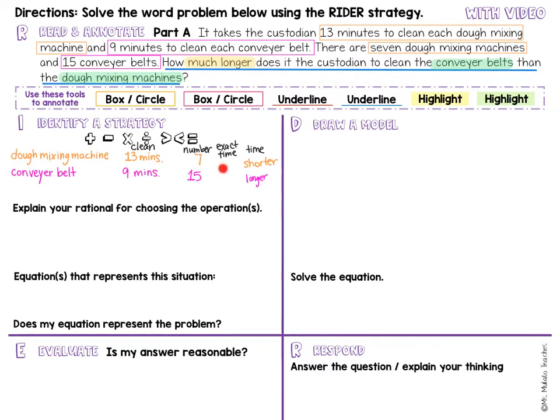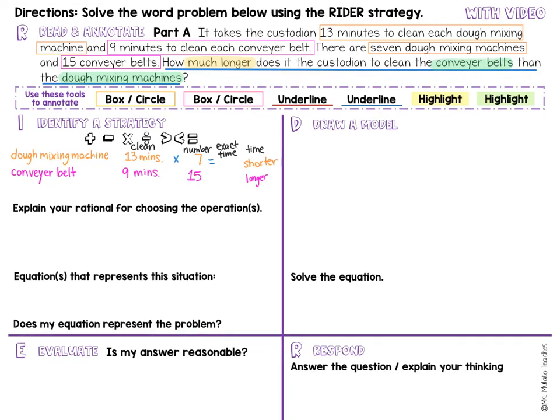That won't give us a time. 13 minutes minus 7 machines also will not give us a time. 13 minutes times 7 machines, that means that we would have 13 minutes for the first machine, 13 minutes for the second machine, 13 minutes for the third machine. That will work. If we multiply these, that will give us the exact amount of time.